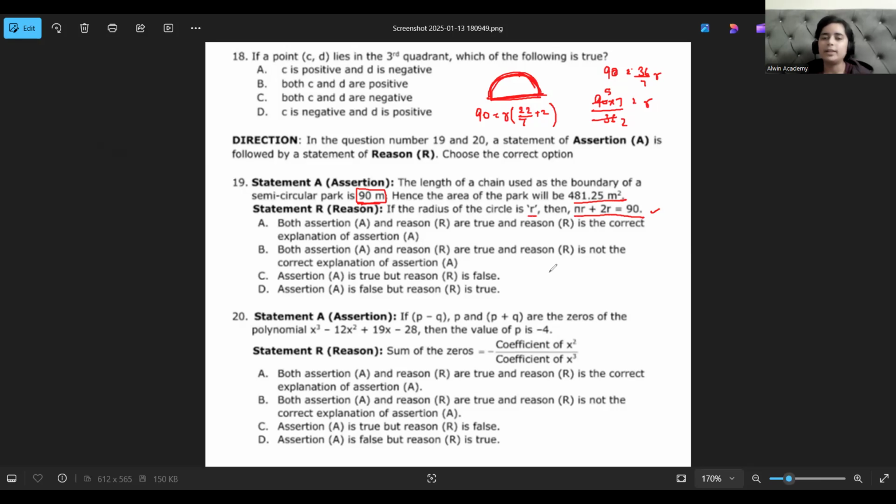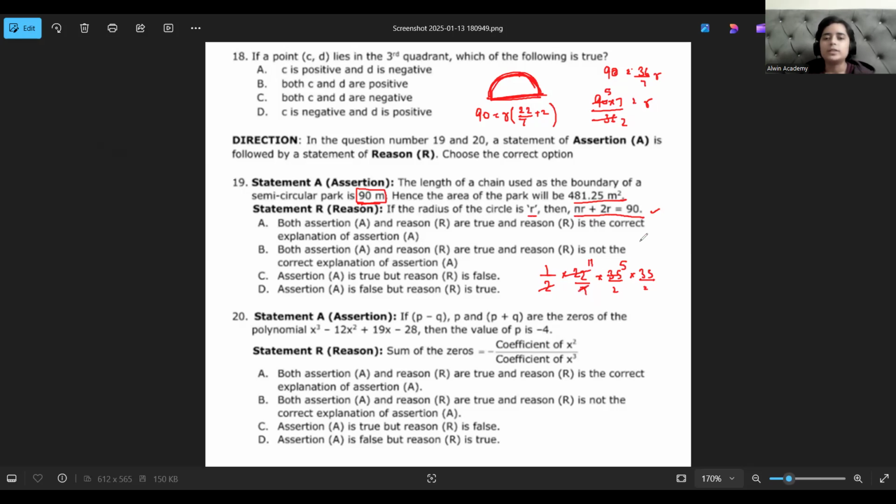Now I have to find the area. The area of a semicircle is half pi r square. So pi and r square, that is 22 by 7 into 35 by 2 into 35 by 2. 2 ones are 2, 11s are, 7 ones are 7, 7 fives are 35. We have 35 into 5 is 175.